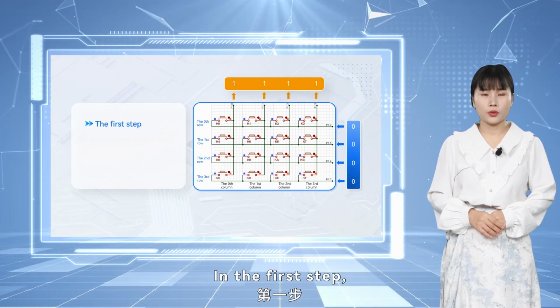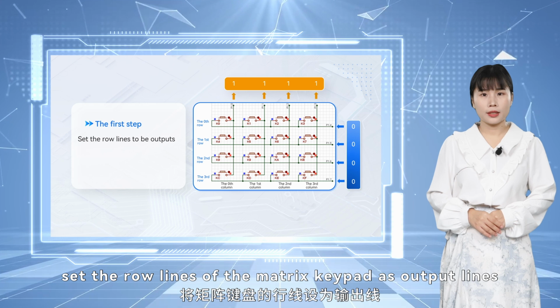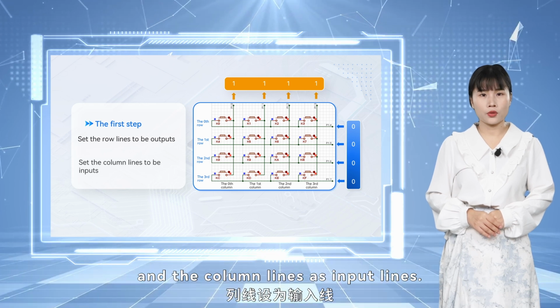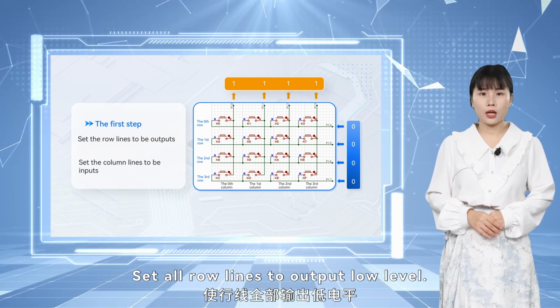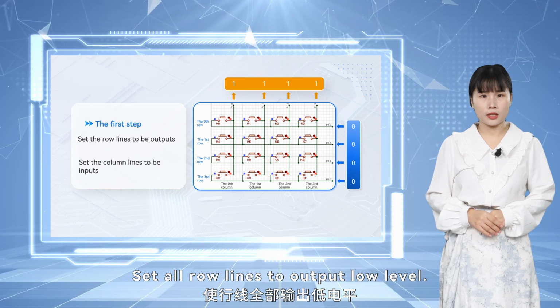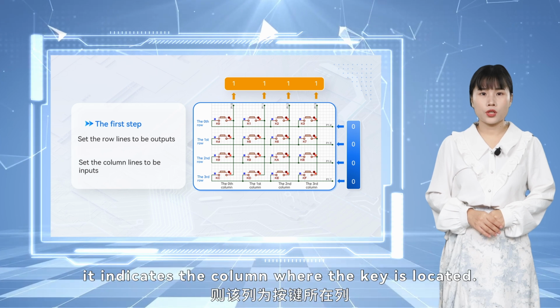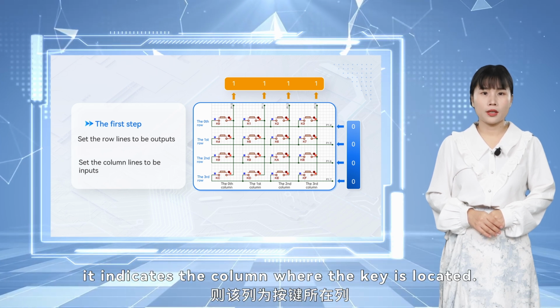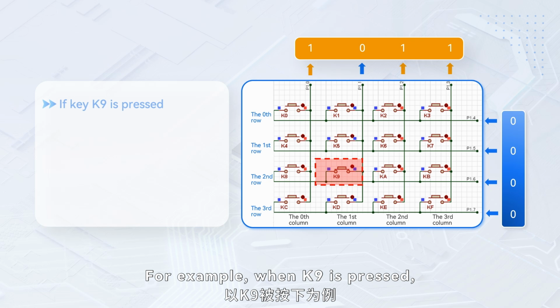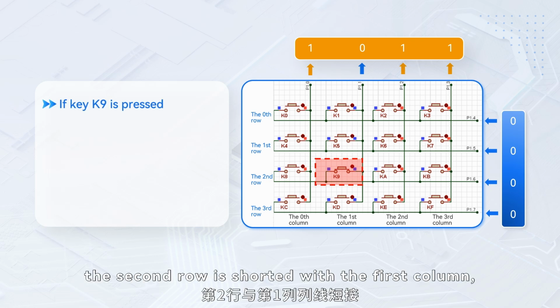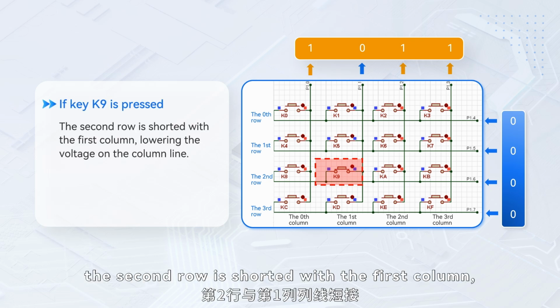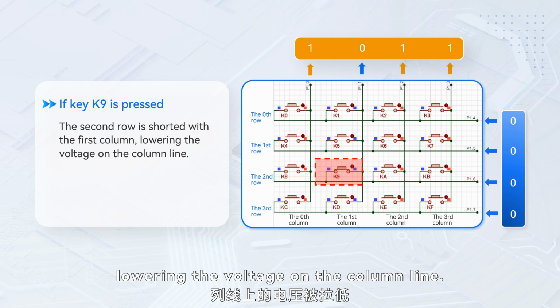In the first step, set the row lines of the matrix keypad as output lines and the column lines as input lines. Set all row lines to output low level. When a column line shows a low level, it indicates the column where the key is located. For example, when K9 is pressed, the second row is shorted with the first column, lowering the voltage on the column line.